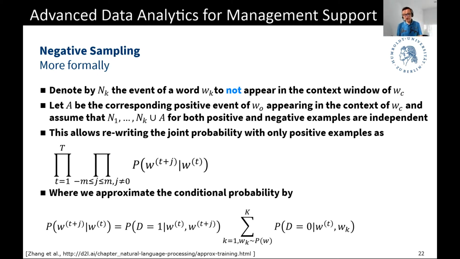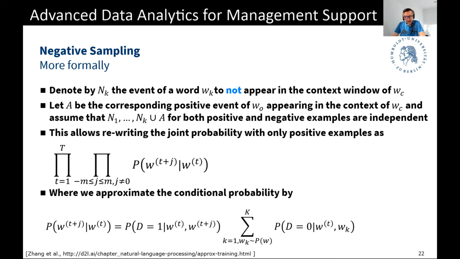And if we are once again ready to assume that positive and negative examples are independent, we can rewrite the equation of the joint probability, where we had only positive examples, knowing that we couldn't train a classifier in that way. So in fact we're interested in maximizing the probability of observing a context word given a target word for the positive examples, where we approximate this conditional probability of w_{t+j} given w_t.